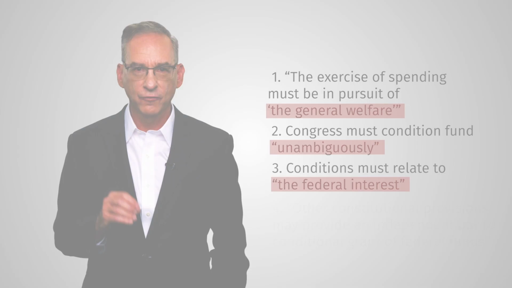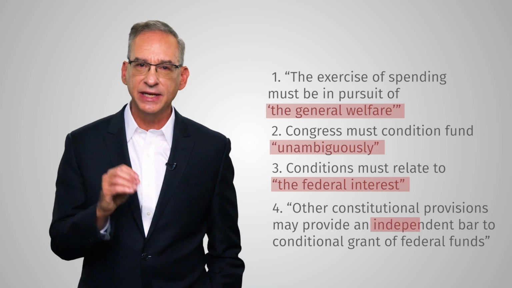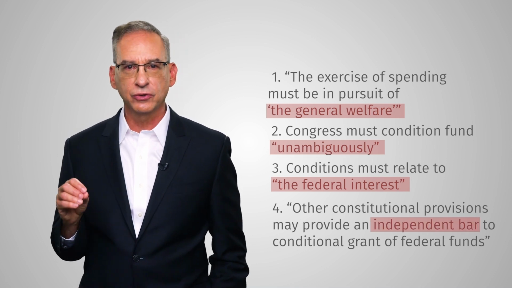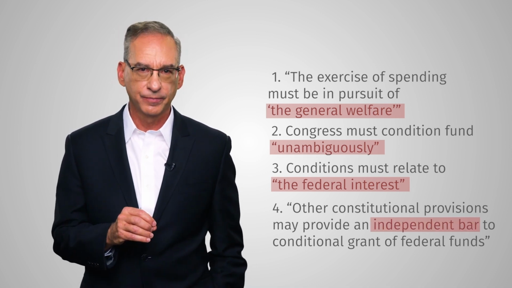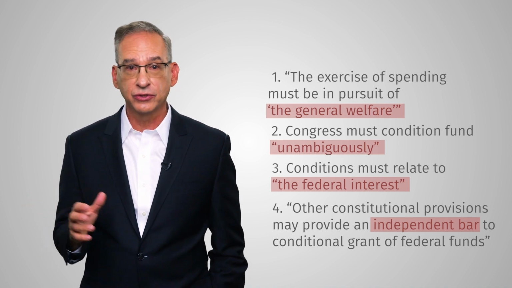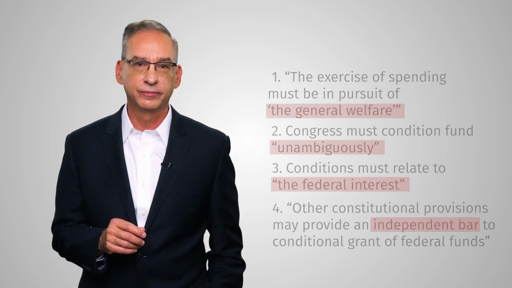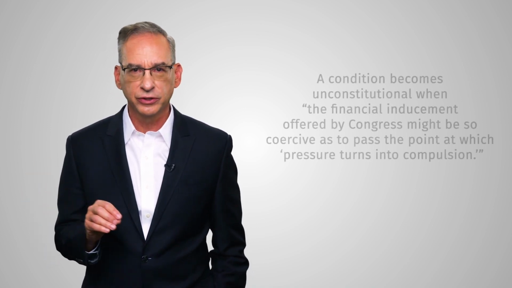Fourth, quote, other constitutional provisions may provide an independent bar to conditional grants of federal funds. The court held that the 21st Amendment, which allowed states to regulate alcohol, was not such a bar, and neither was the 10th Amendment. However, although Chief Justice Rehnquist listed 4 factors, he then recognized a 5th, very important limitation.